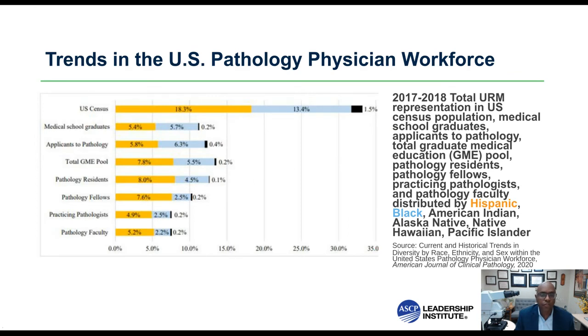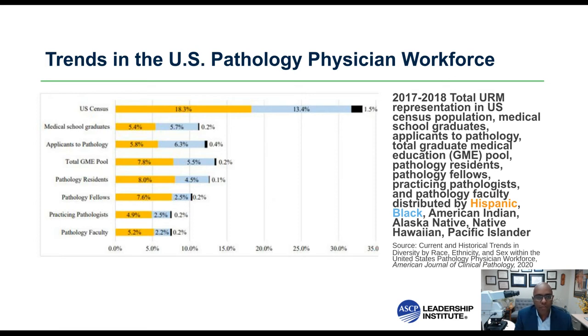In the next 4 slides, I want to share some data from Dr. White's paper, in which the authors look at the historical and current gender, racial, and ethnic diversity trends within U.S. pathology graduate medical education and the pathology workforce as a whole. In this graph, orange is Hispanic, blue is Black, and the black is American Indian, Alaska Native, Native Hawaiian, Pacific Islanders.